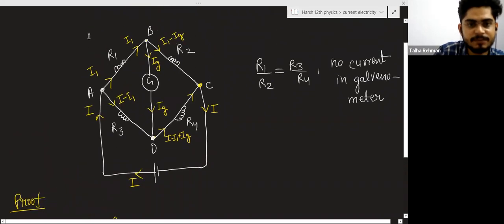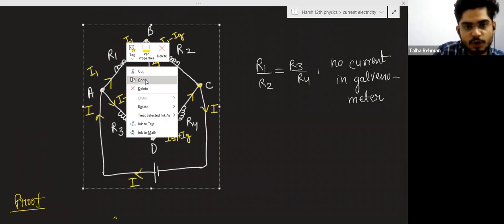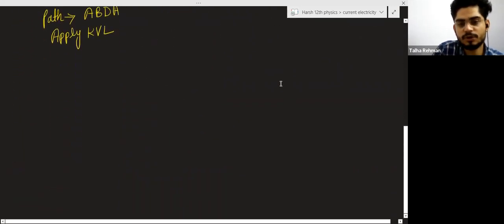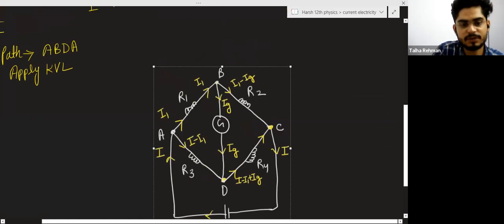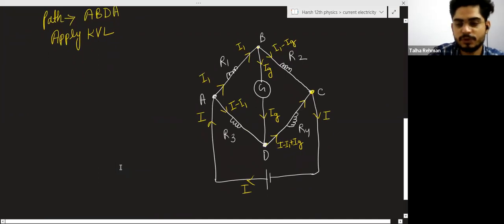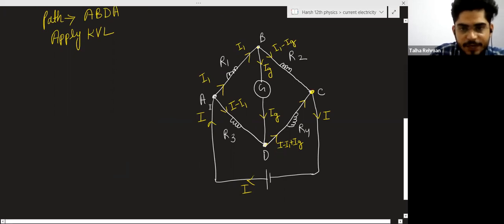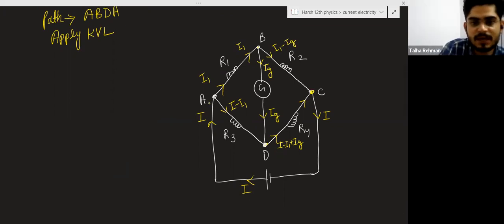I am just taking this diagram here. No need to note this diagram again and again; I am just taking it for the simplicity of calculation. You do not have the option of copy in your copy. So just apply the KVL. From A to B, what will you write? Minus I1 into R1.